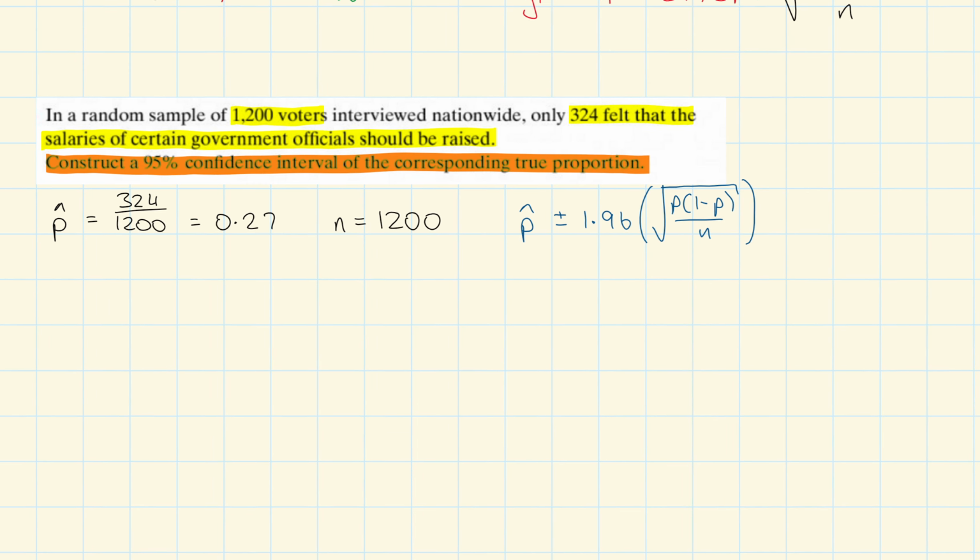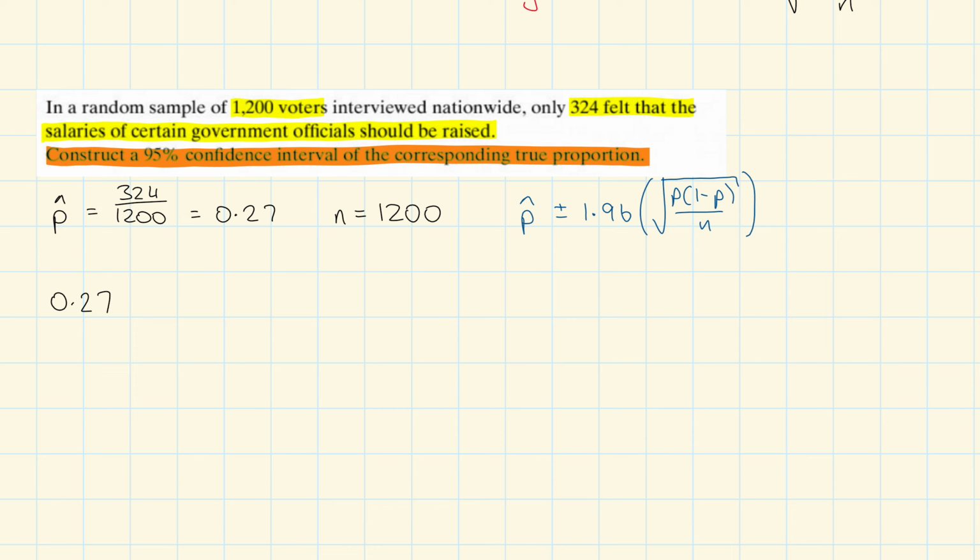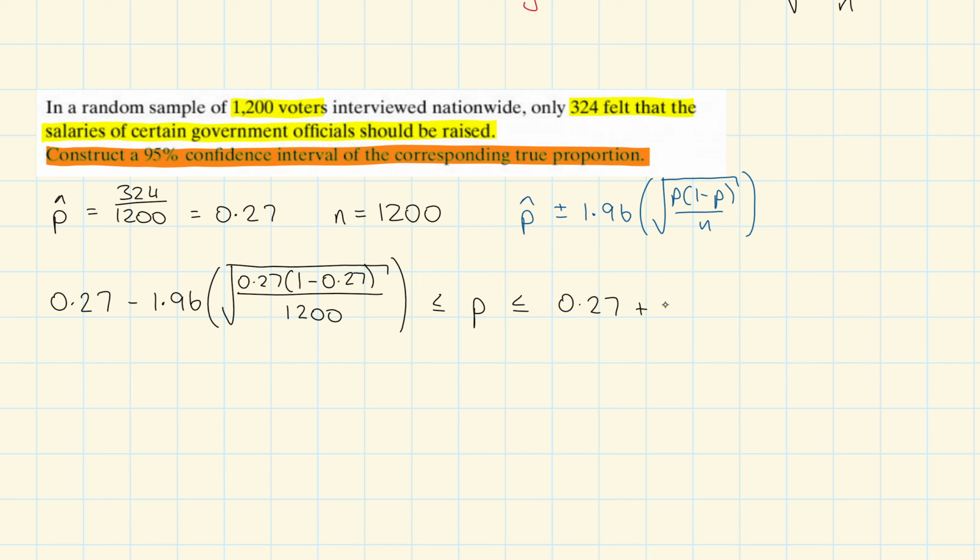Okay, so we have 0.27 minus 1.96 times the root of 0.27 times 1 minus 0.27 all over 1200, which will be less than or equal to p, our true proportion. And then same formula, we just swap the minus for a plus: 0.27 plus 1.96 times the root of 0.27 times 1 minus 0.27 all over 1200.